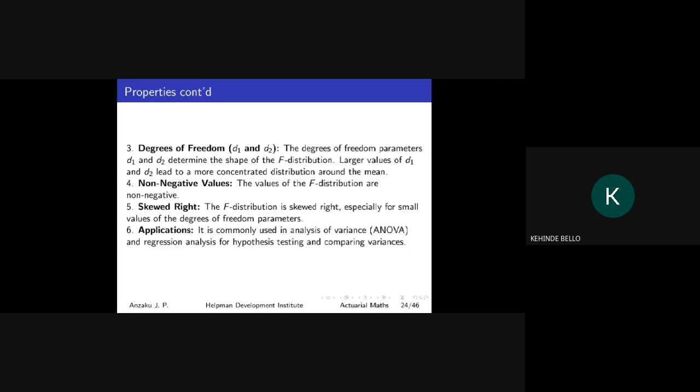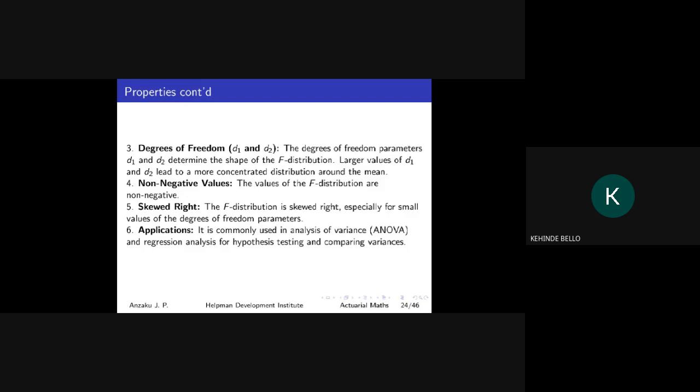It also has non-negative values, so we cannot have negative values for the F distribution. It is also skewed to the right, especially when you have very small degrees of freedom. It is commonly used in ANOVA, analysis of variance, and regression analysis.